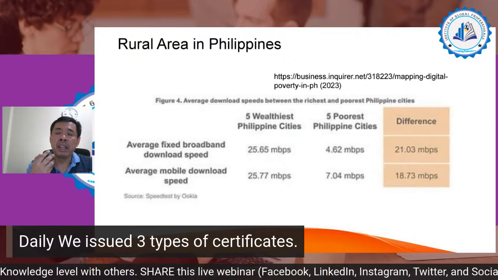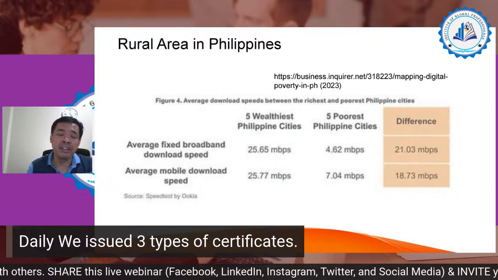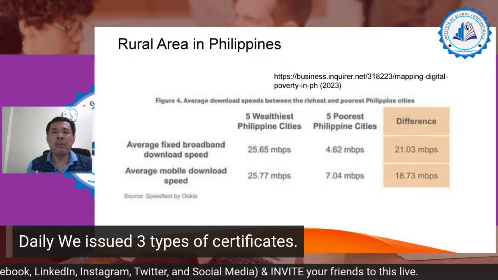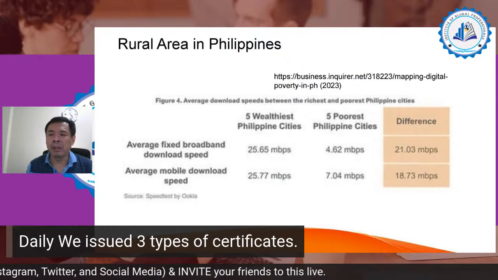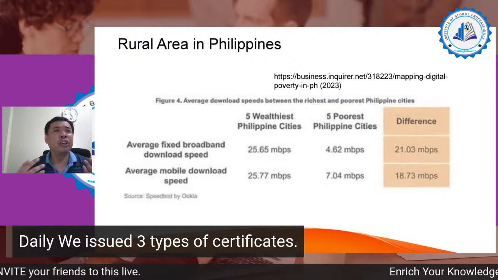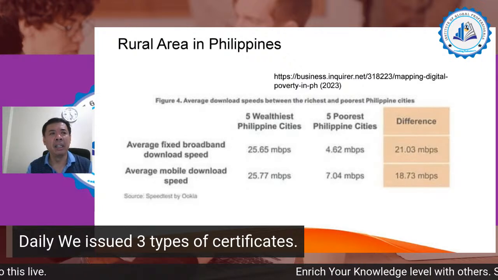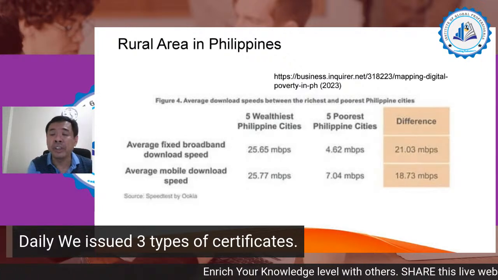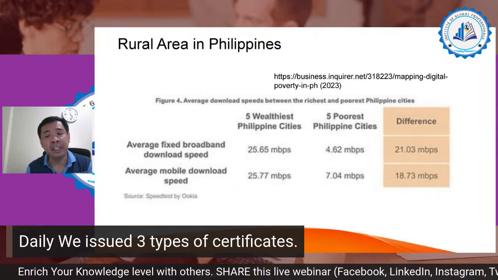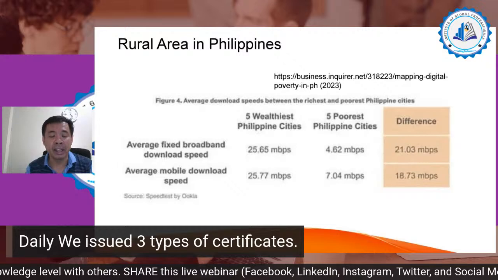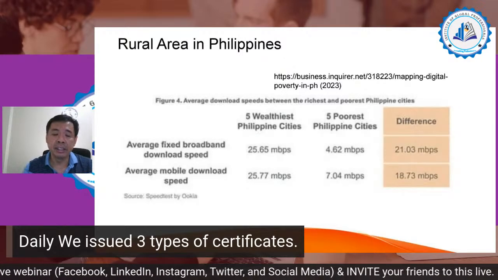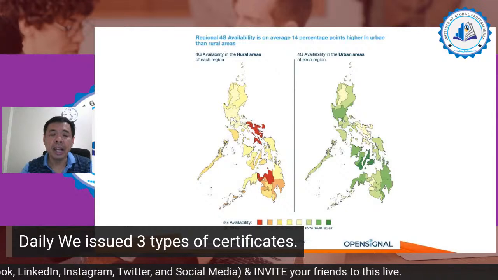If in our place we don't have internet, we feel uneasy. We say, how come there's no internet in our place and I cannot do anything? But during the time there was no internet, we could do everything. How come now, when we don't have internet, we can do nothing? Because we depend too much on the internet. So these are the pictures.